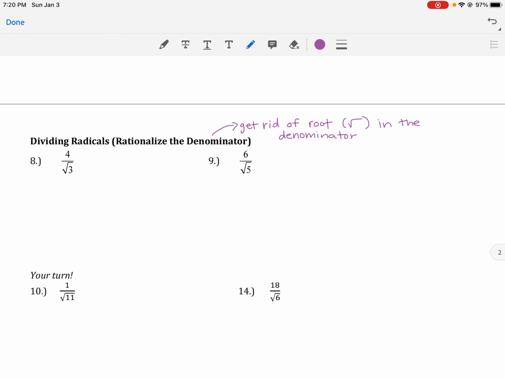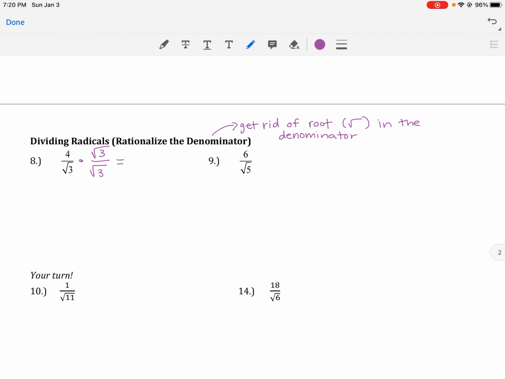And we do that by multiplying both the top and the bottom by the denominator, so like the square root of 3. But if I multiply by the square root of 3 over 3, that's multiplying it by 1, and I haven't changed the value of that.